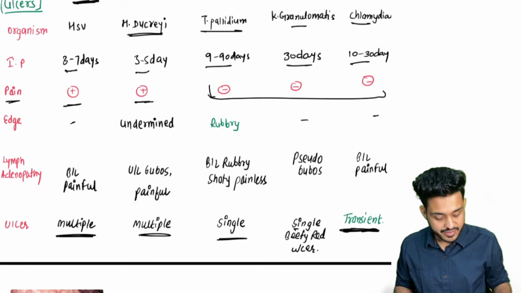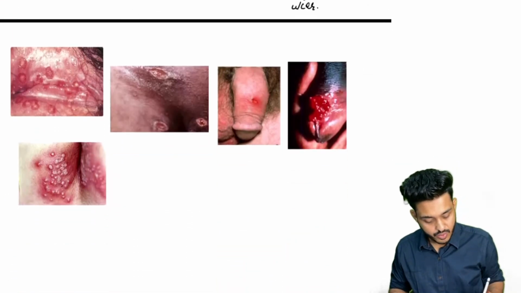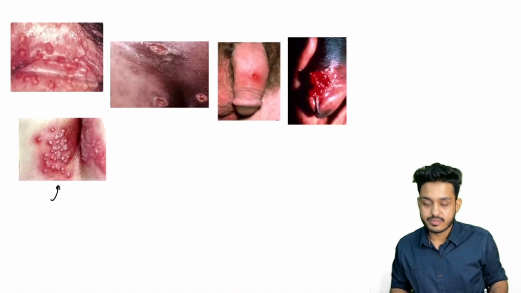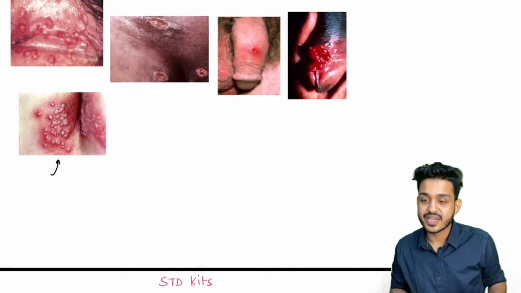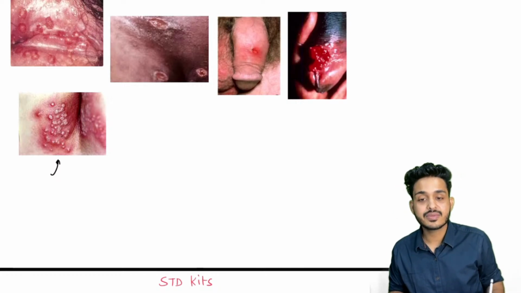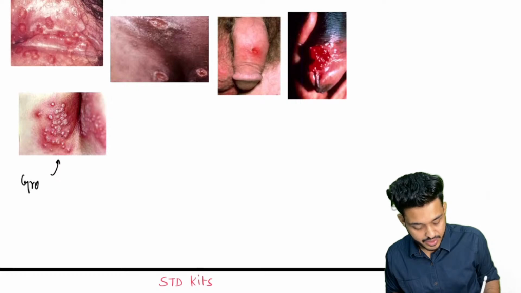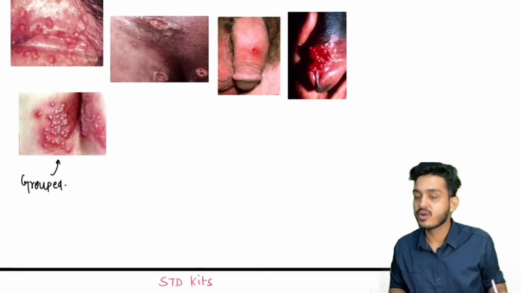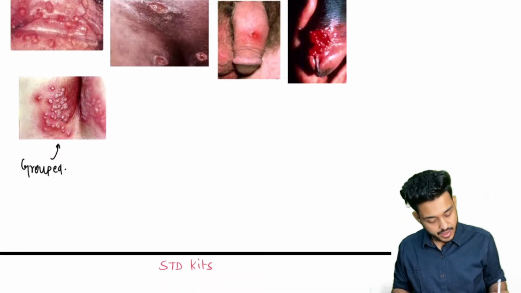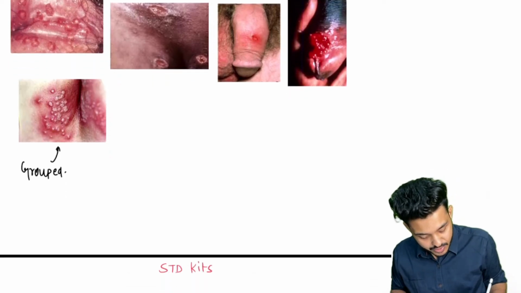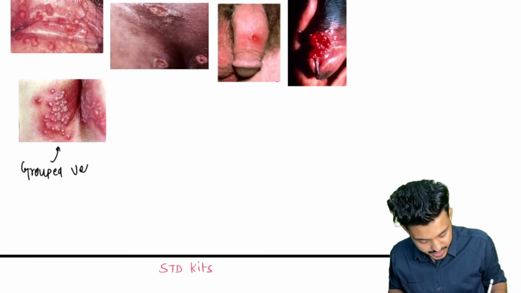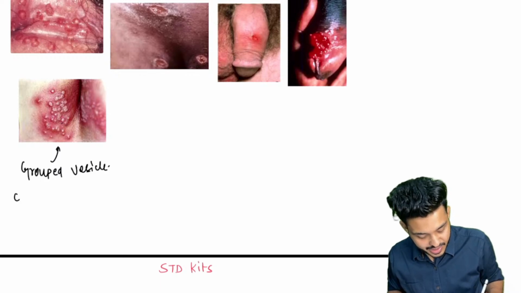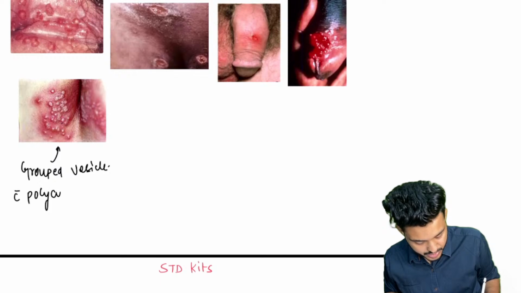How will you identify? First thing, what is the meaning of herpes? Herpes means grouped. Here you will be finding grouped vesicles with polycyclic erosion.